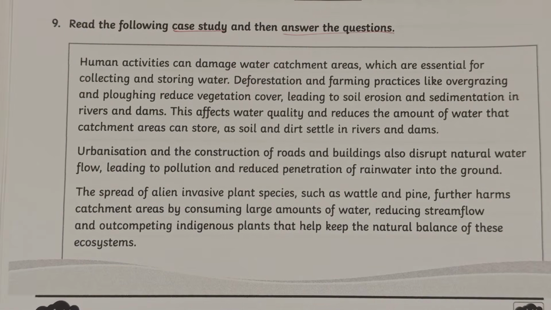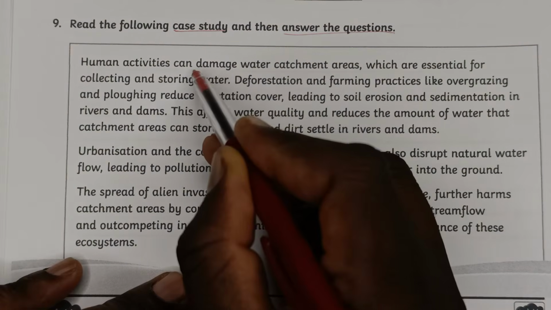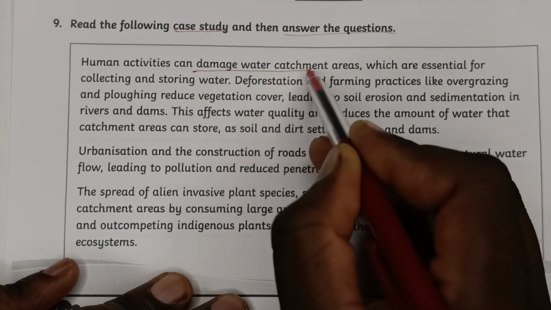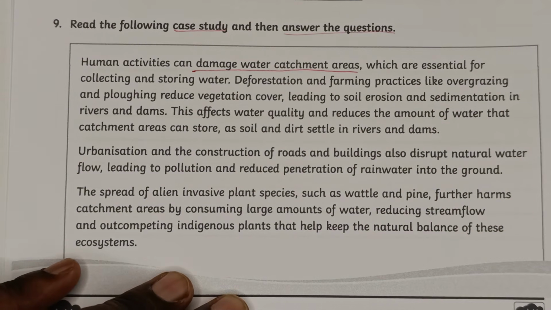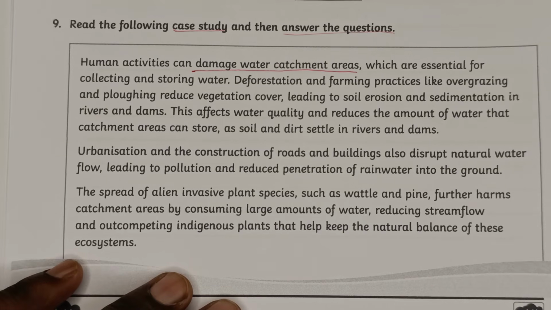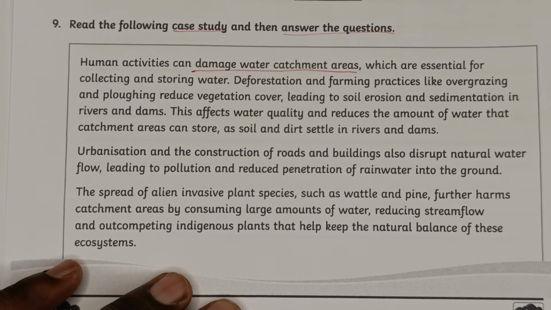Question 9 says, read the following case study and then answer the questions. We read the case study and answer the questions. Okay, let's read. Human activities can damage water catchment areas, which are essential for collecting and storing water.